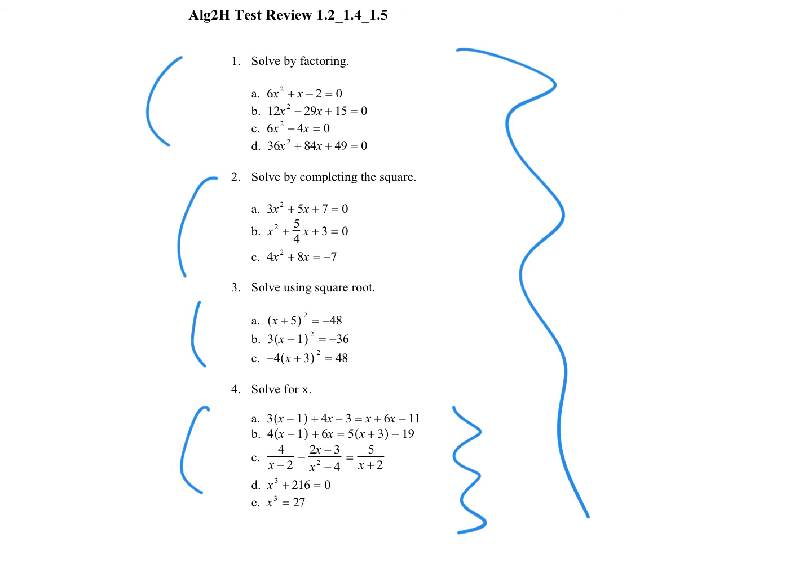All right, so what we're going to do for the rest of the class is, if you need help, I've already posted all the solutions for all of these. So any of these that you don't know how to do or you want to see me do them, I'll work them out. Or if there's anything from any of the web assigns that I have given you, I can work those out as well.